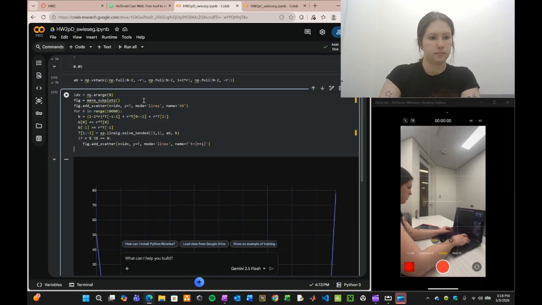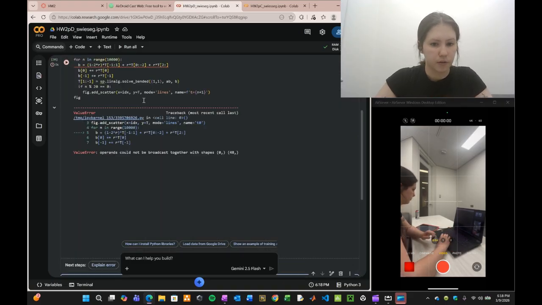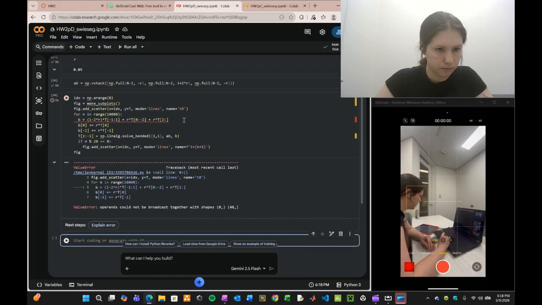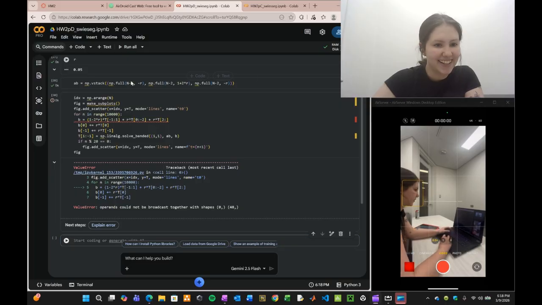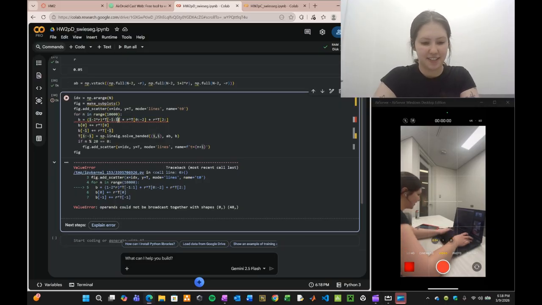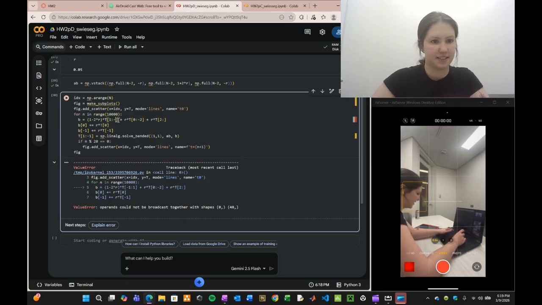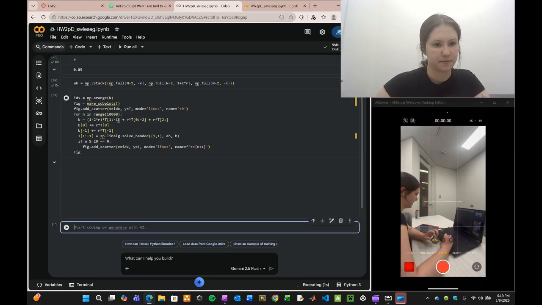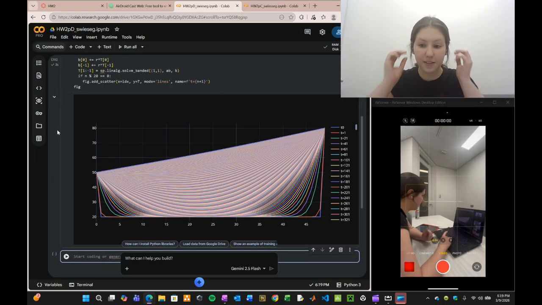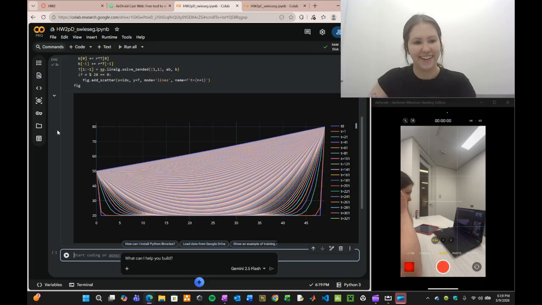Okay. All right. What did I do here? Okay, so I did negative 1 to 1. It should be 1 to negative 1. All right, so this is looking like what it should.